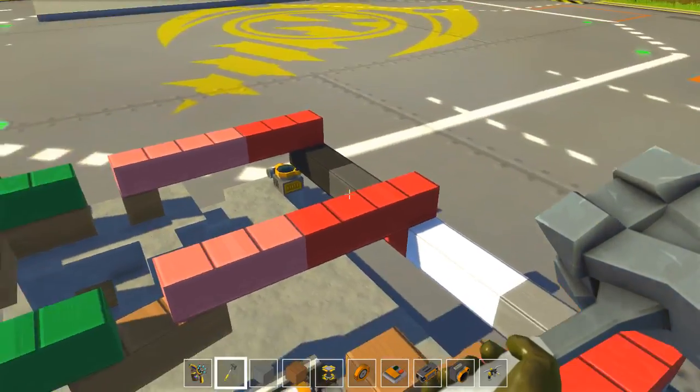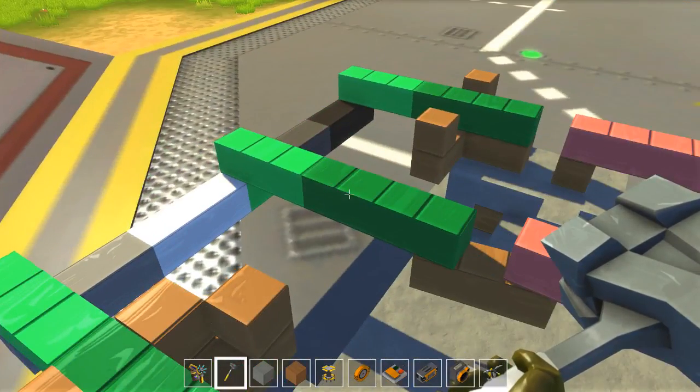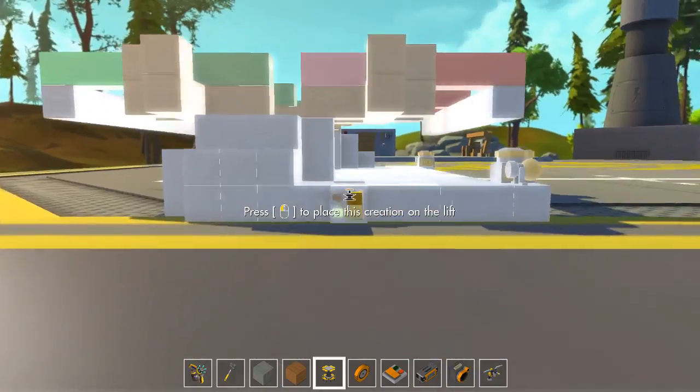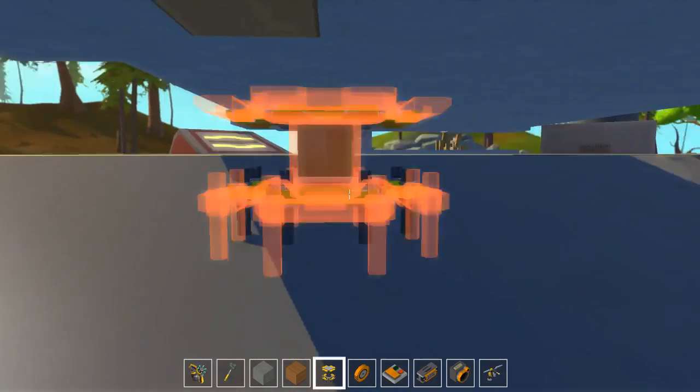And it can't rotate around the center, it has to rotate around the edges. Fine. Everything is fine.